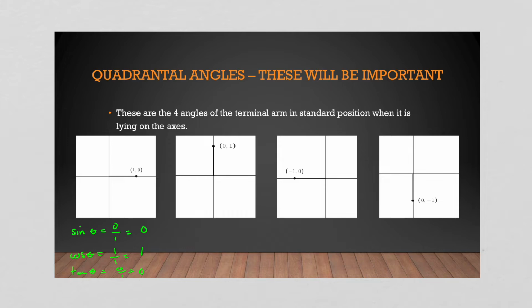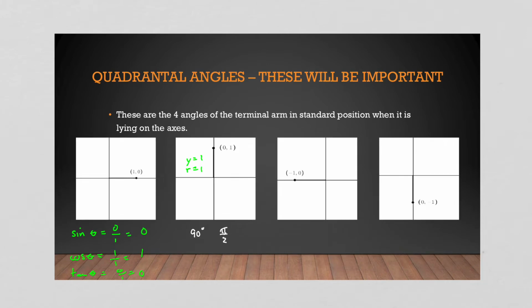So the next one is when we get to 90 degrees, or pi over 2 radians. You can see this time our y value is equal to 1, our r is equal to 1, but our x is equal to 0. When we get to 180 degrees, or pi, here's where things get interesting. Our x value is negative 1, our y is 0, but remember r is always positive, so our radius is still positive 1.